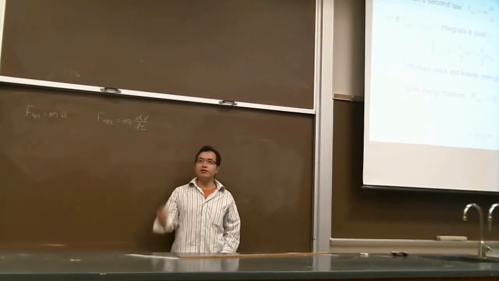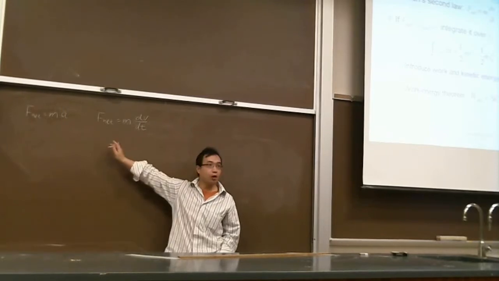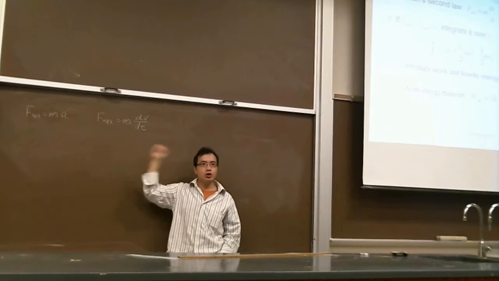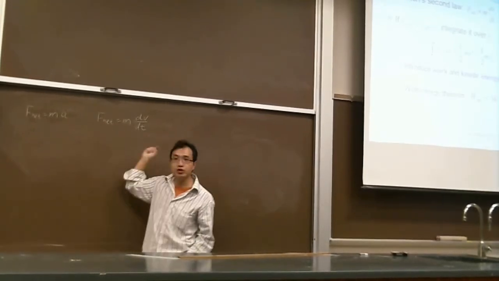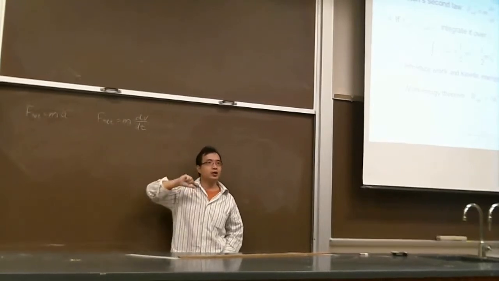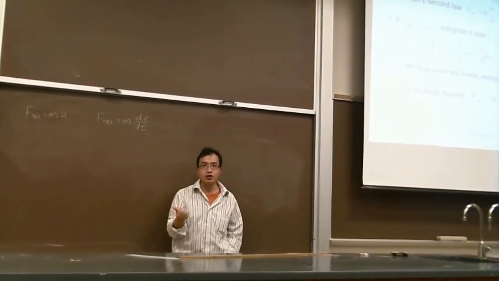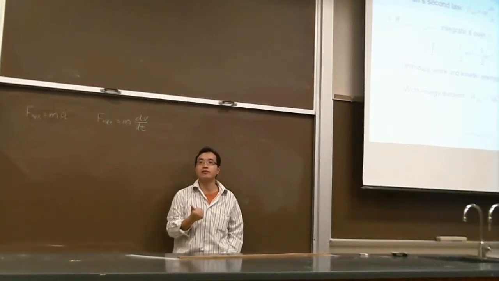If we know the force, then from Newton's second law we find the acceleration, integrate it once to get the velocity function, and integrate it twice to get the position function.